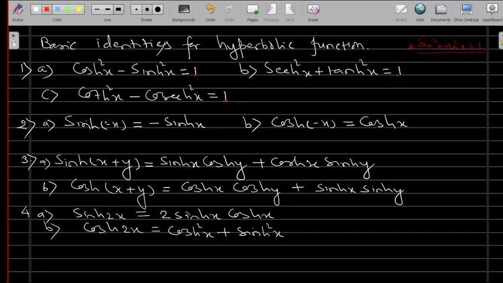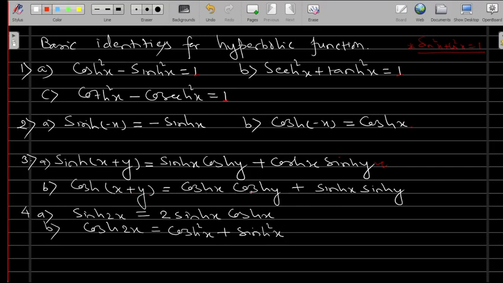Similarly, sinh of minus x equals minus sinh x, and cosh of minus x equals cosh x. Similarly, sinh of (x plus y) equals sinh x cosh y plus cosh x sinh y. This is in the same pattern.